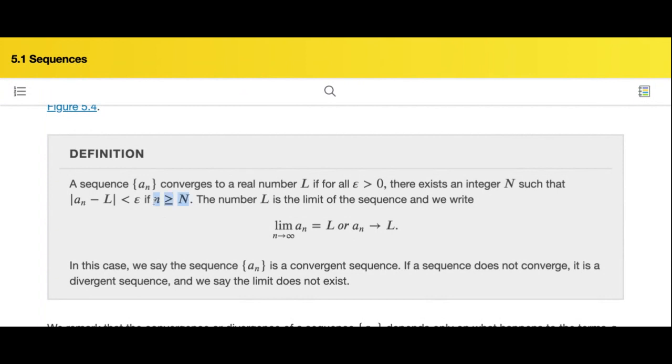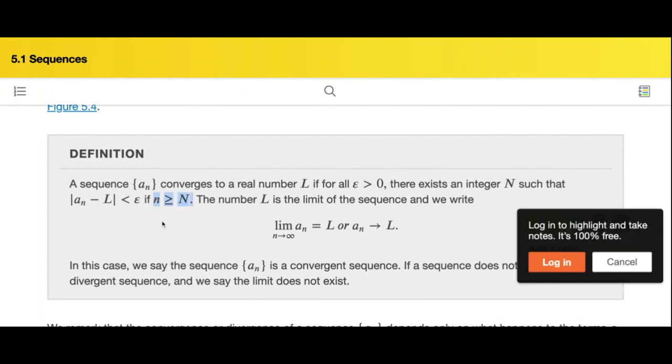So what does this do? This is one of the advantages of talking about sequences versus talking about functions. If we talk about functions, as long as the numbers are in the domain, we cannot ignore them. But when we talk about sequences, we can ignore finitely many terms.